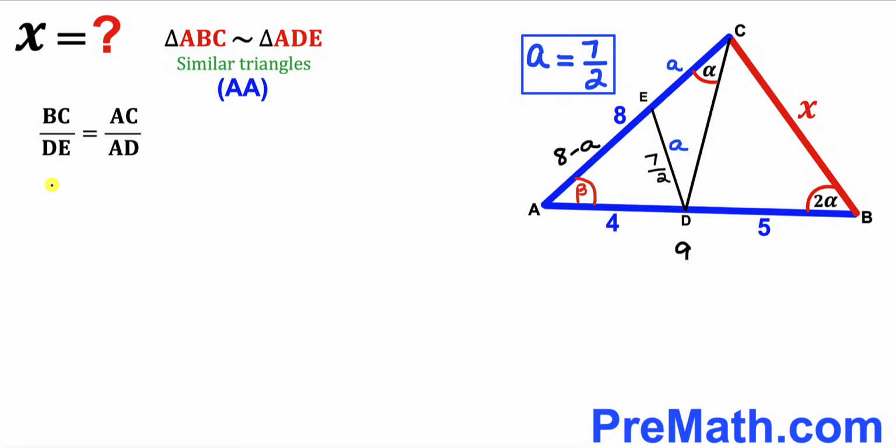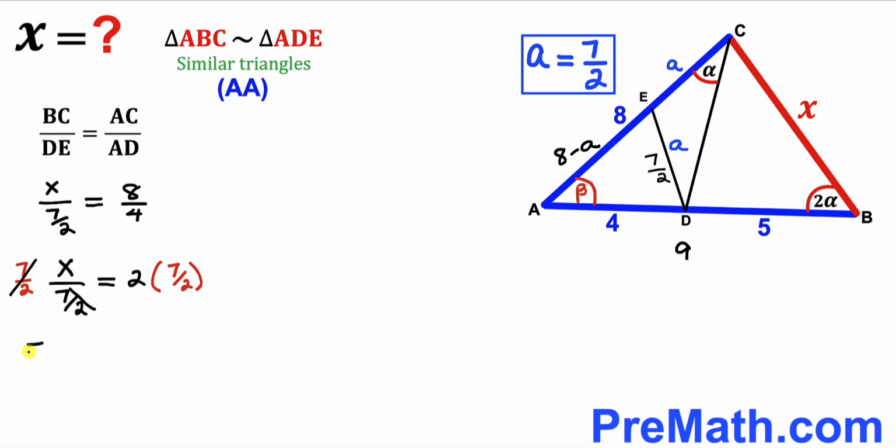So therefore we end up with X divided by (7 divided by 2) equals 8 divided by 4. And now we can see 8 divided by 4 simplifies to simply 2, as you can see in this next step. And now I'm going to multiply both sides by 7 divided by 2 on the right hand side as well to isolate X. And here we can see 7 divided by 2 and 7 divided by 2, they are gone.